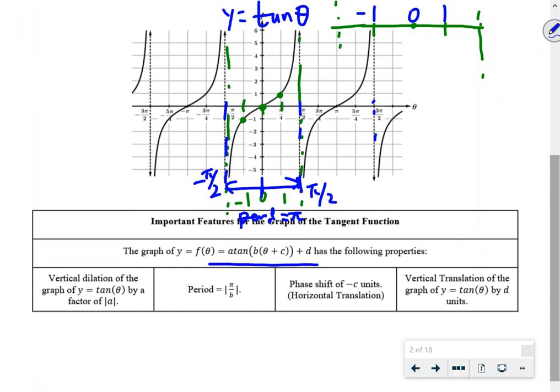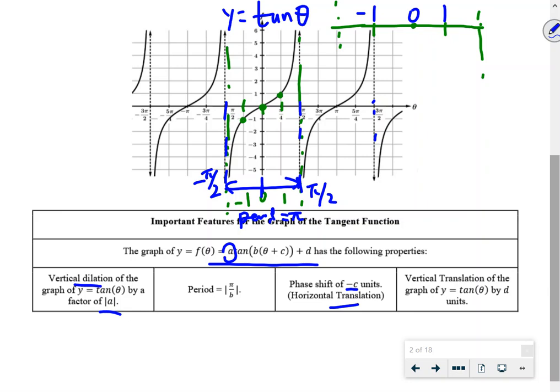From unit 5 we were doing sine and cosine, now this is tangent. The A value, we don't call it amplitude anymore. Amplitude only works for sine and cosine. But we are still using the A value to represent vertical dilation.